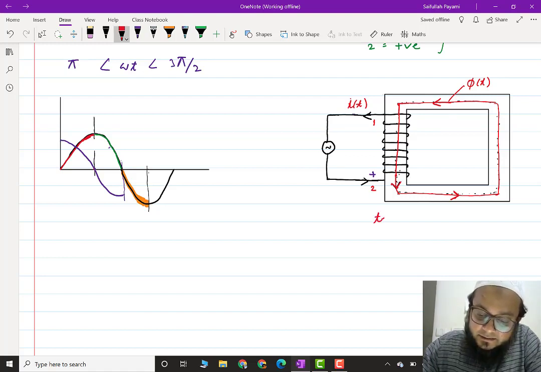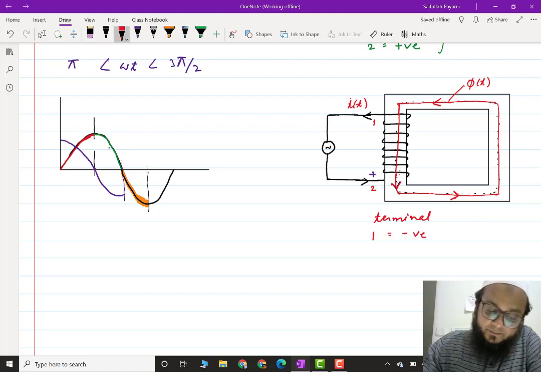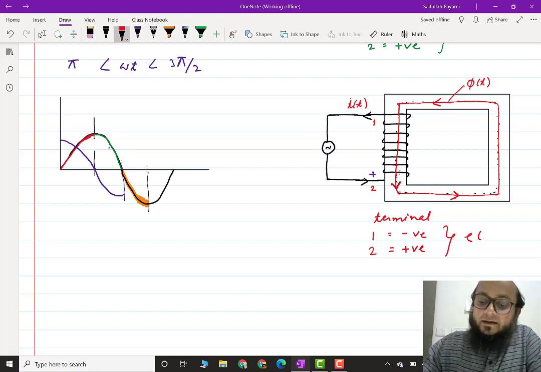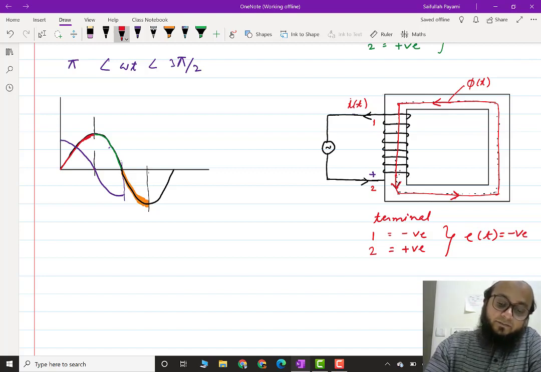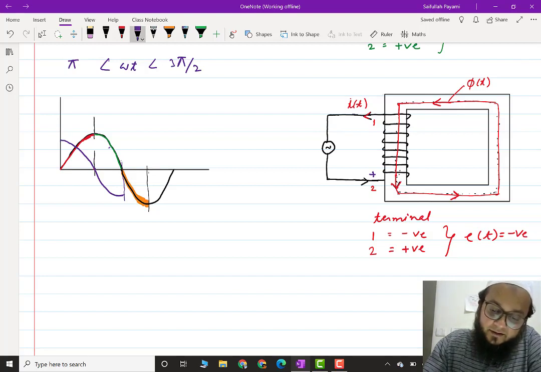So for this condition, terminal 1 would be negative and terminal 2 would be positive. So that is the case, we can say this ET is actually negative as per our convention. So this is negative now.